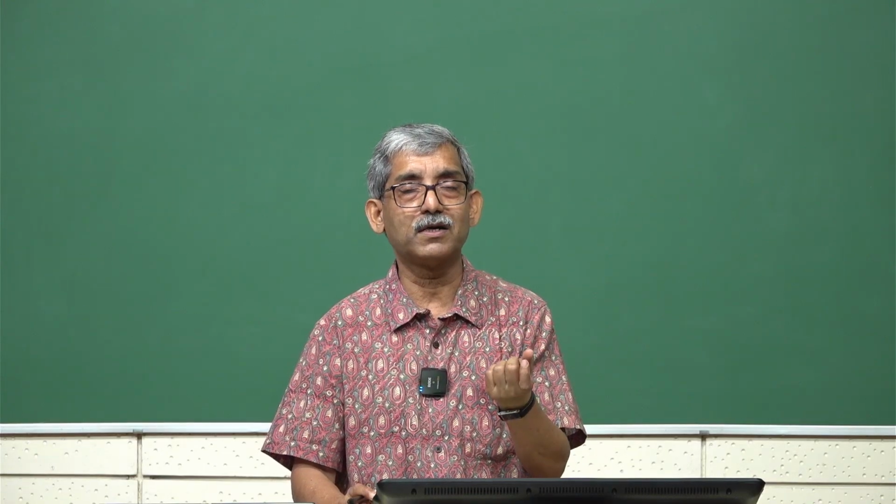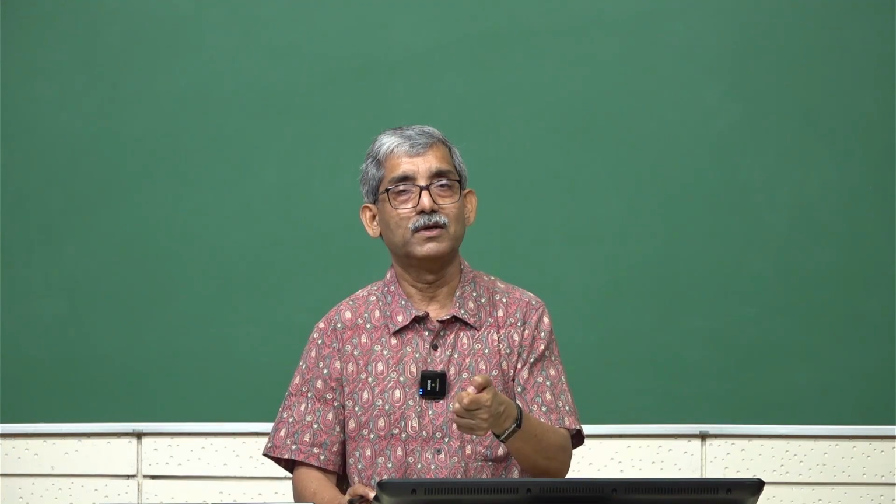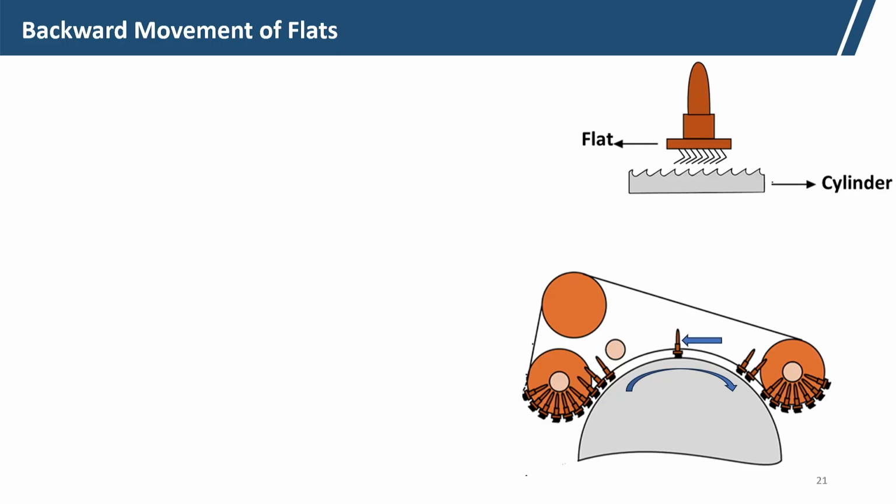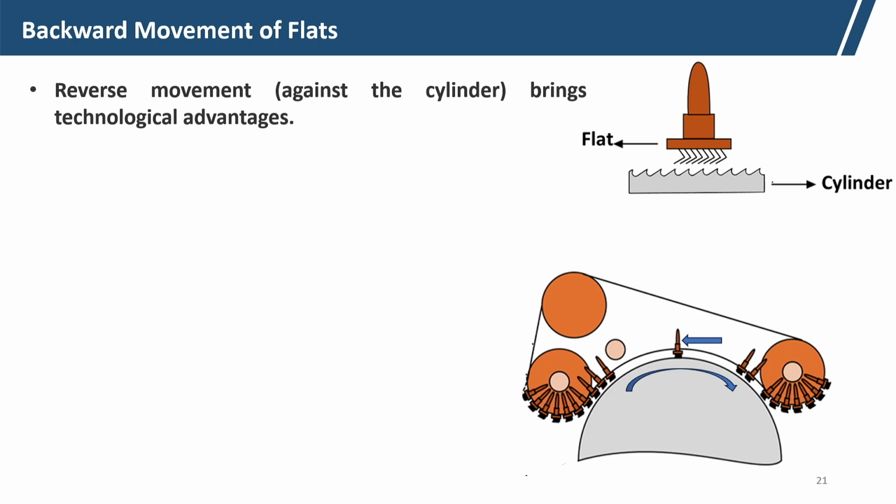The relative motion does not matter, because the flat speed is very slow, negligible as compared to the cylinder speed, but its movement matters. Now, reverse movement against the cylinder brings some technological advantages as compared to the normal forward movement, but most of the cards work on the forward movement. Okay.